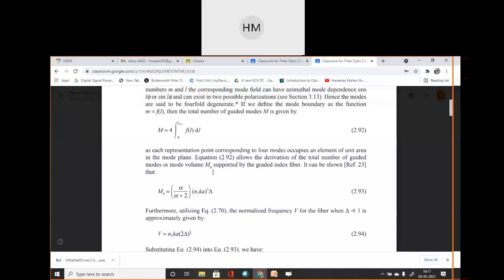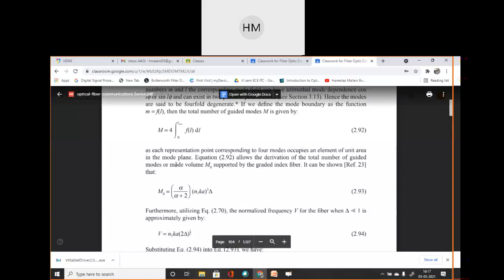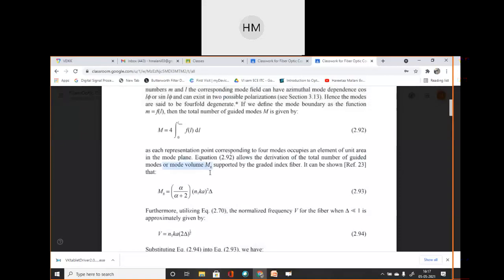So mark the above equation. So this gives the definition of total number of guided modes, or it is known as mode volume Mg supported by the graded index fiber. And its direct equation is this.